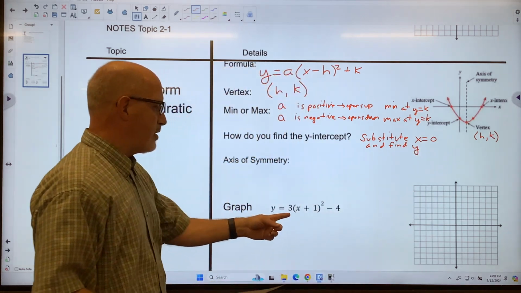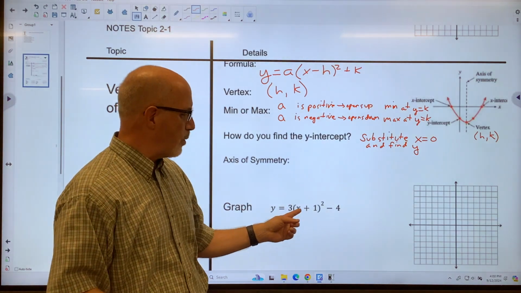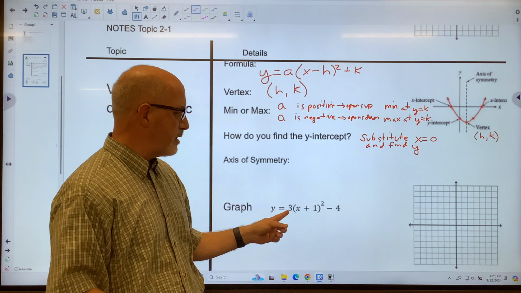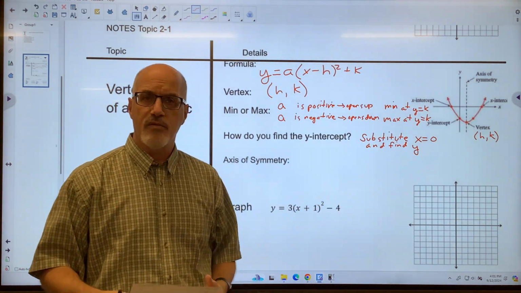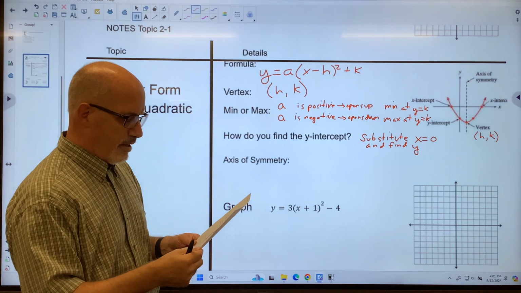So like in this equation down here, you put in x equals 0, and then you'd find y by doing 0 plus 1 is 1, 1 squared is 1, times 3 is 3, 3 minus 4 would be negative 1. It's just substituting in and finding the value.